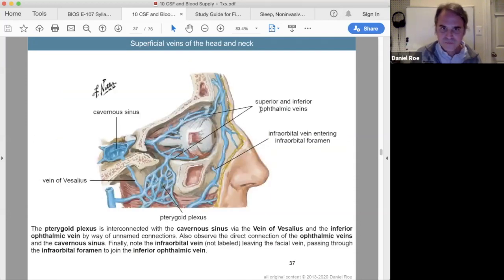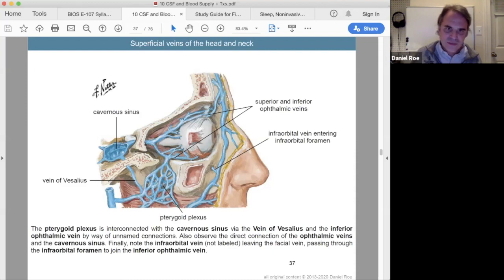Here again is the cavernous sinus that I was talking about previously. And the optic chiasm, there's the optic nerve, so the chiasm would be about there. And the cavernous sinus lies on either side of the chiasm. So the infraorbital vein is entering the infraorbital foramen here. So that's one route for infection.